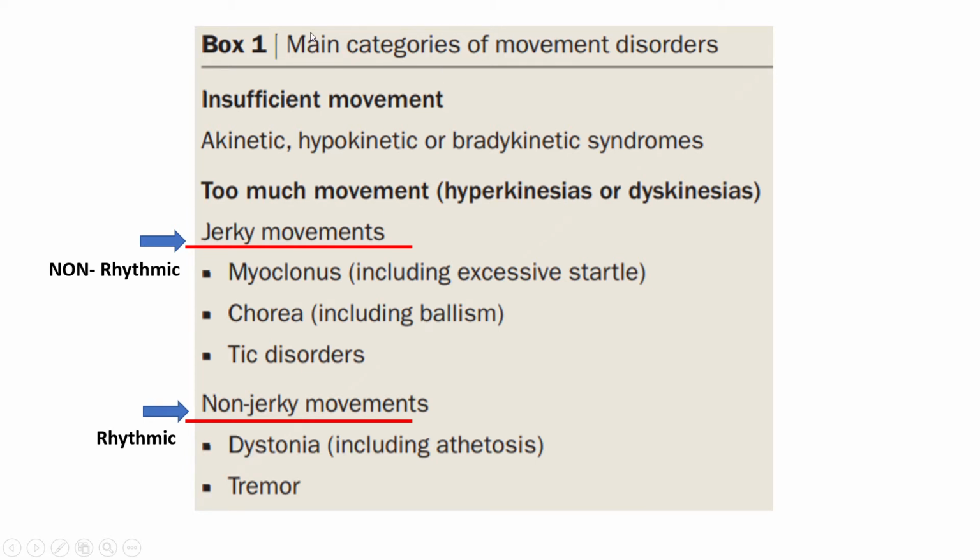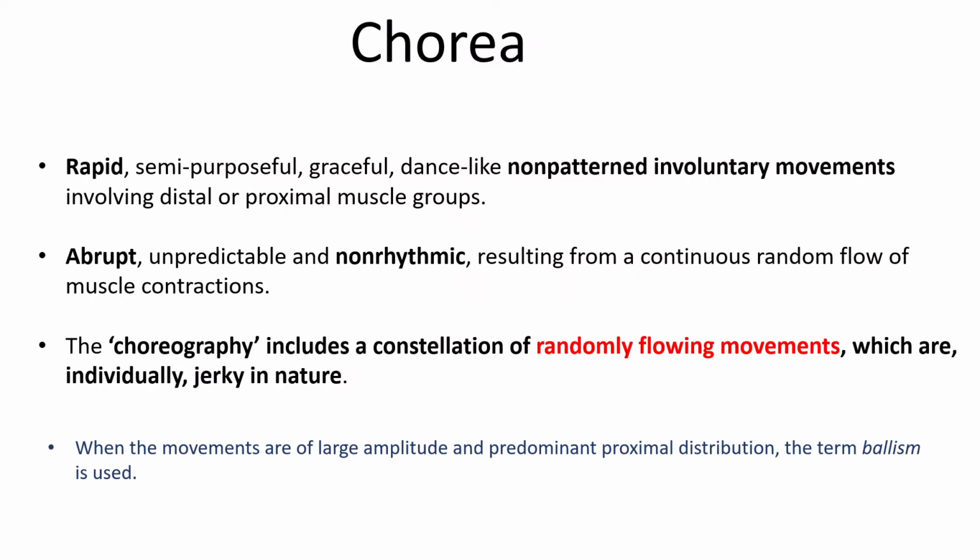The MDS is also keeping athetosis inside dystonia, but actually athetosis is often seen with choreiform disorders. So this athetosis will be discussed later. Now coming to the jerky movements or the non-rhythmic movements, these are myoclonus, chorea, and tic disorders. Okay, so chorea is a rapid, semi-purposeful, graceful dance-like, non-patterned involuntary movement involving distal or proximal muscle groups.